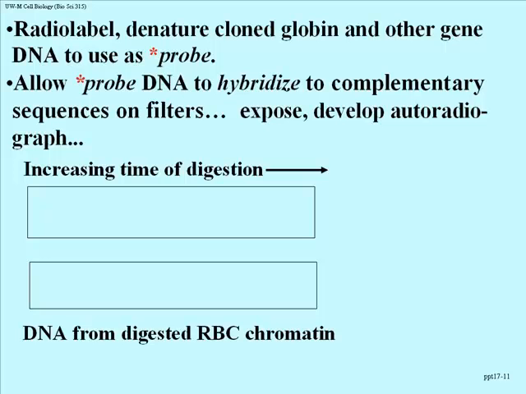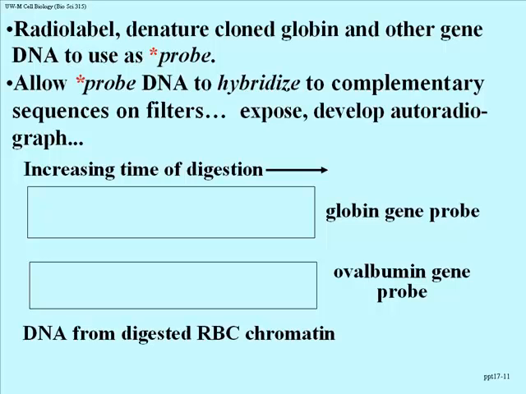Now, if you expose and then develop the autoradiographs, this is what you're going to see. On the upper filter, we have probed it with the globin gene probe. And look what happened. The spot on the left shows the largest amount of radioactivity, which means the largest amount of globin gene in the DNA. That's the least digested.